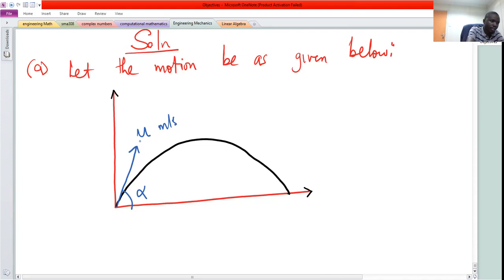So after doing the sketch, let's now resolve the velocity of projection, both horizontally and vertically.